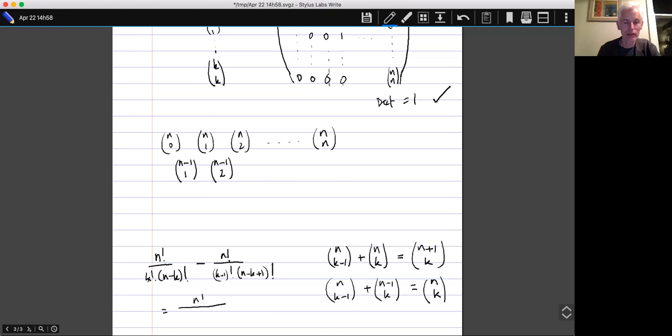I want to say n factorial over k factorial n minus k plus 1 factorial times, and then to get n minus k factorial on the bottom instead of n minus k plus 1, I've got to add an n minus k on the top, and to get a k minus 1 factorial instead of a k factorial, I've got to get a k.